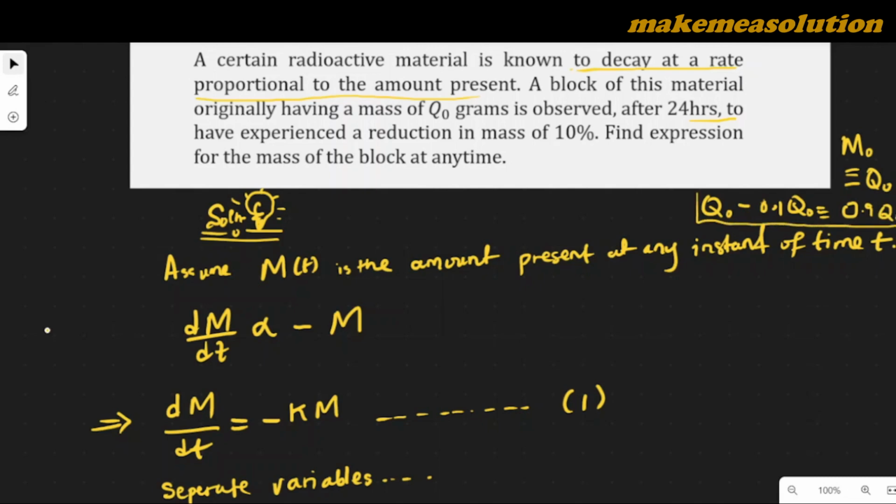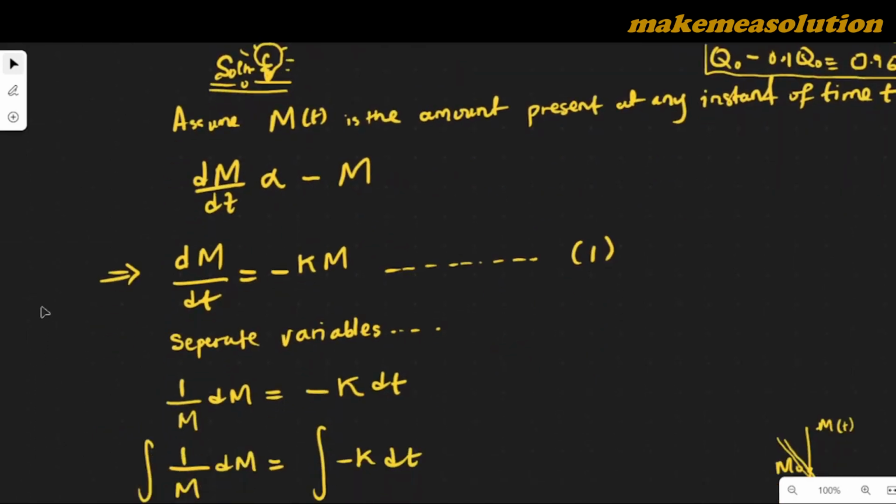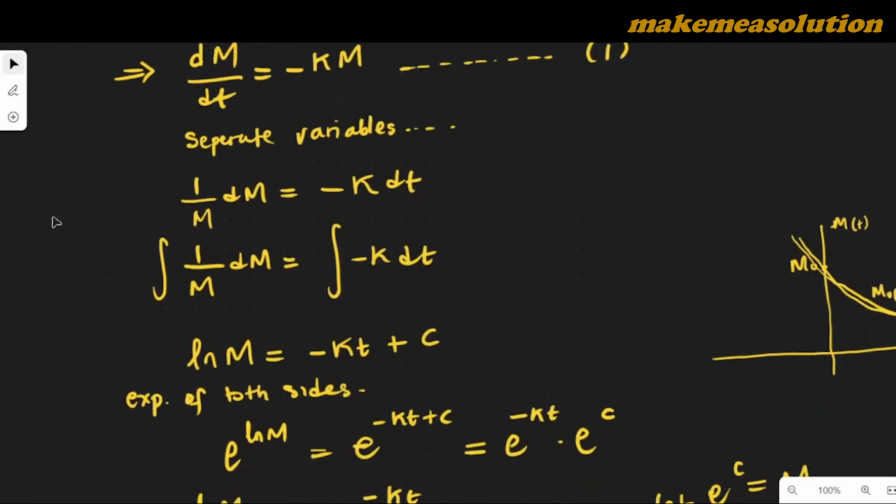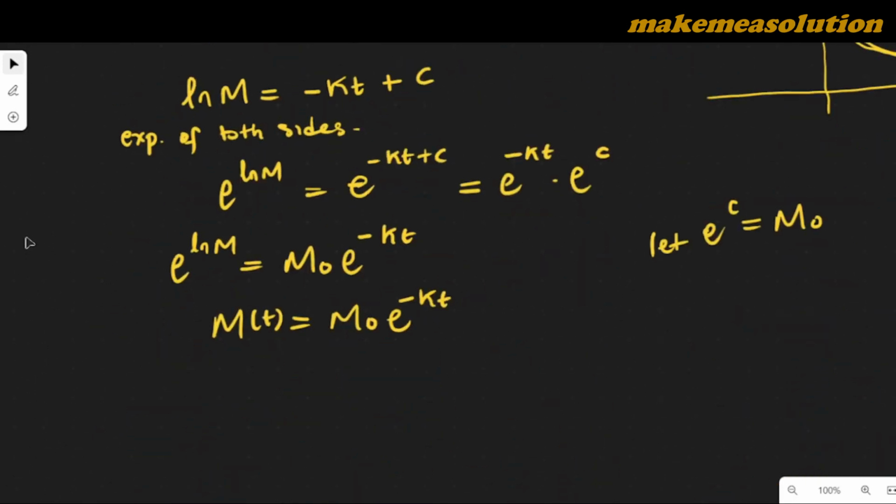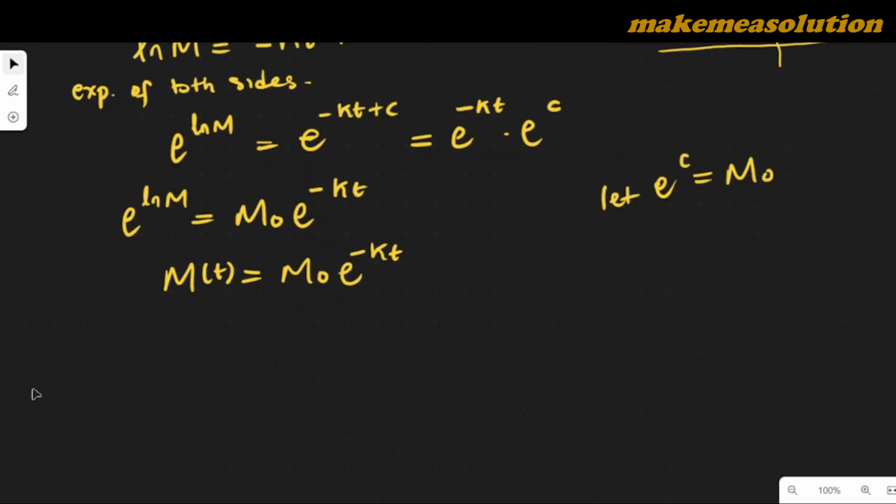If 10% reduces, then 90%, or 0.9, will be present. So let's see how we are going to use this data to obtain our proportionality constant, or our radioactivity constant in this case. So we are given that m of 24 is going to be what?